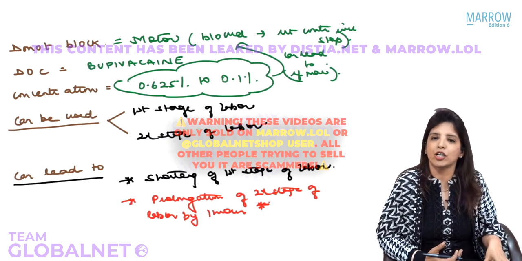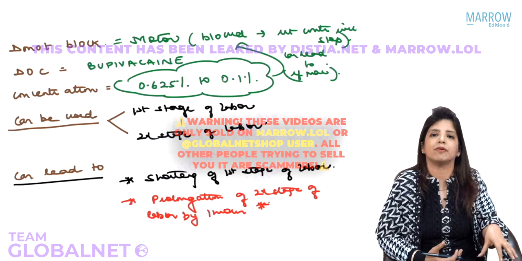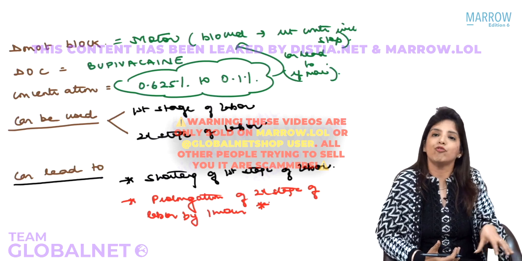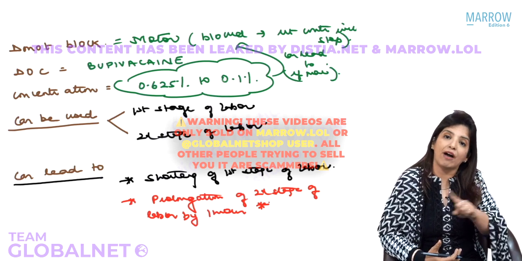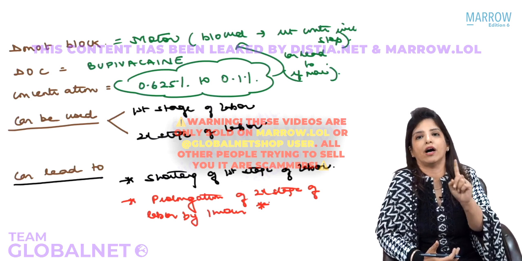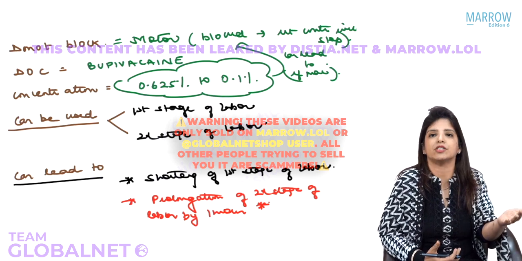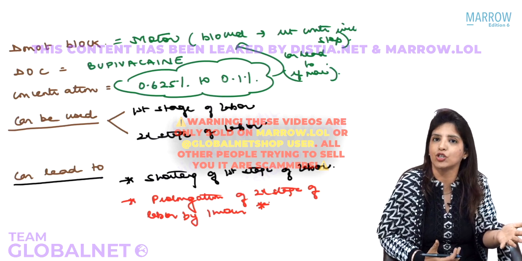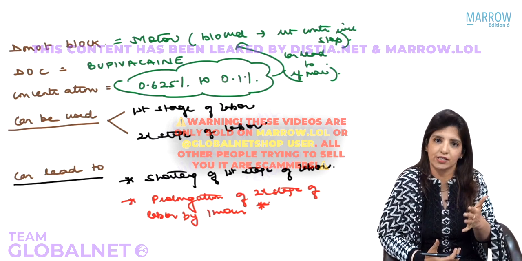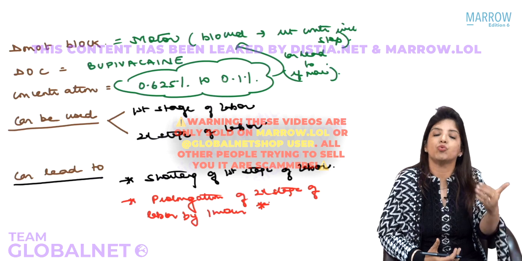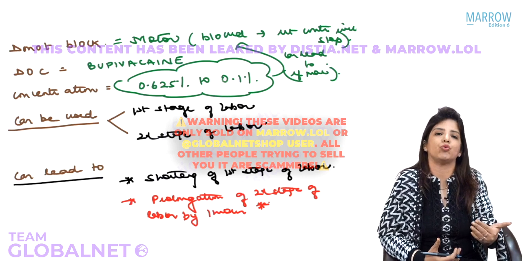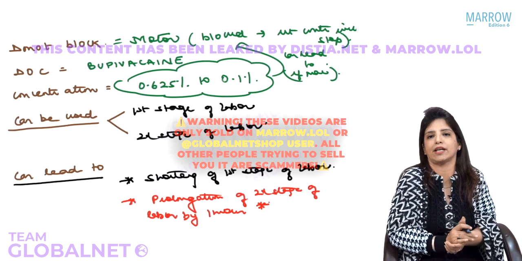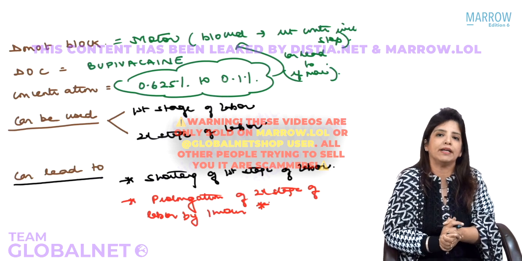So the second stage of labor duration depends upon whether you have given epidural or not. If you have given epidural, you will have to add 1 hour each, whether it is the definition of prolonged second stage of labor or the definition of second stage arrest. In both these conditions with epidural, I will have to add 1 hour each, because epidural normally prolongs the second stage of labor by 1 hour.